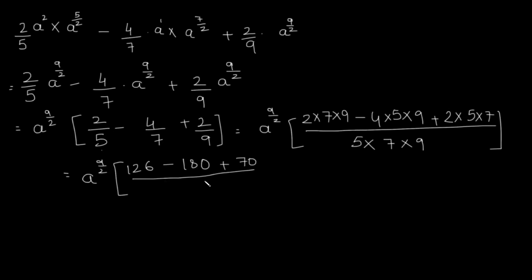The whole thing upon 315. When you multiply the denominators, we get 315. Upon solving it, we get 16 upon 315 into a raised to 9 upon 2. So this becomes our final answer for this particular sum. So study it properly and try to understand the sum.